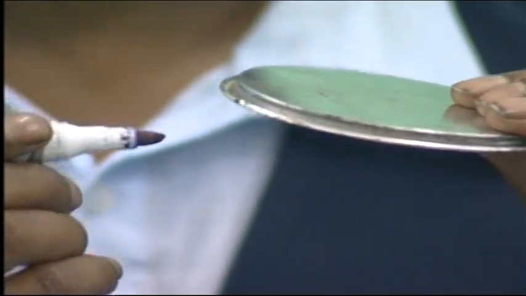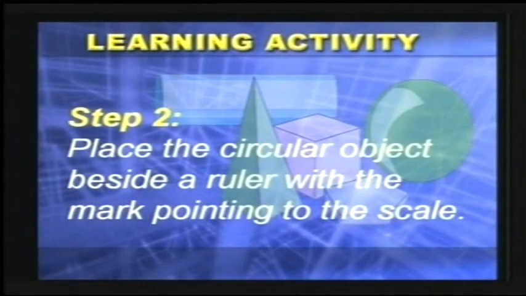Okay, good. Now, the second step says, place the circular object beside the ruler with the mark pointing to the scale. On your desk, you place the circular object down on the desk, and you get your ruler, place it next to the circular object, something like this.